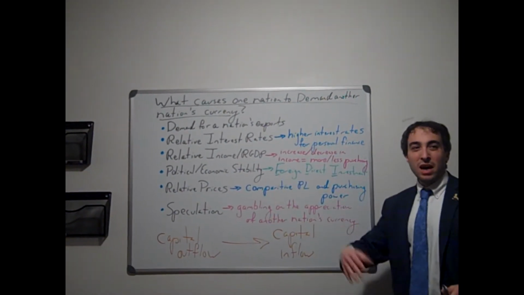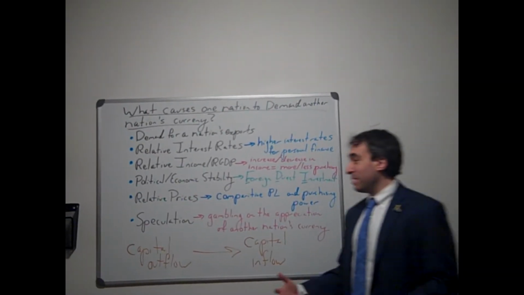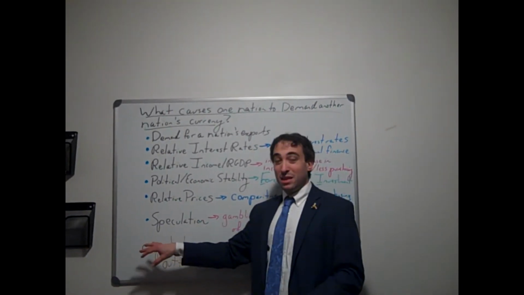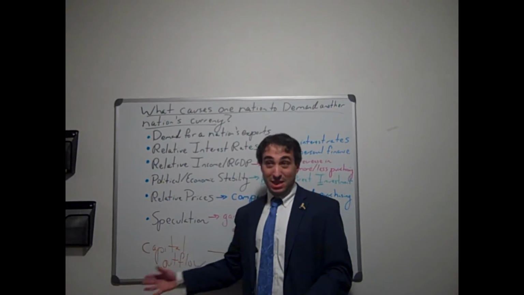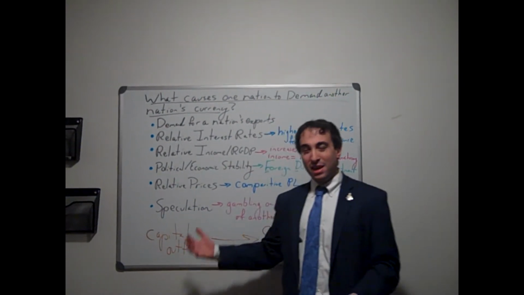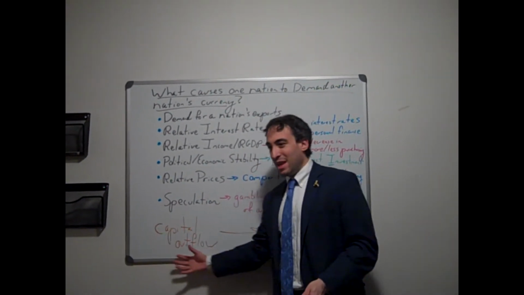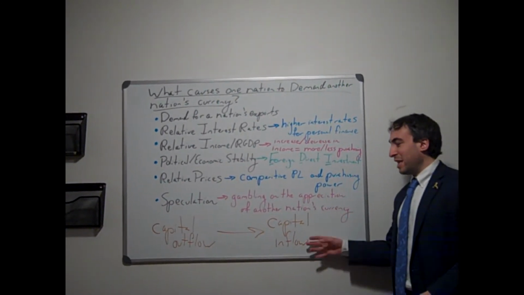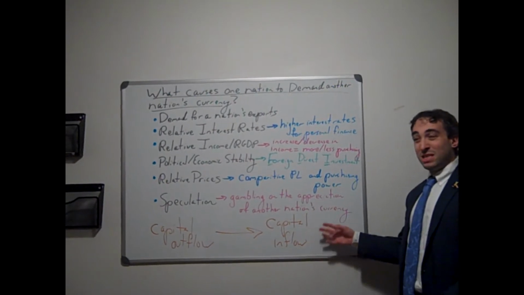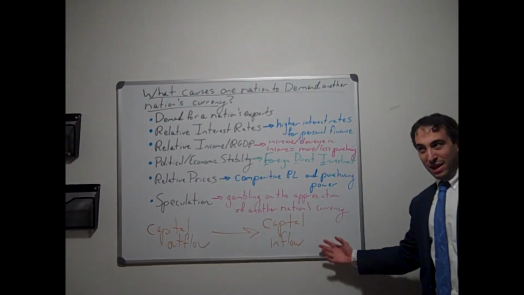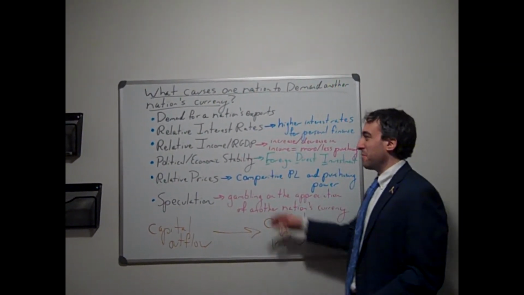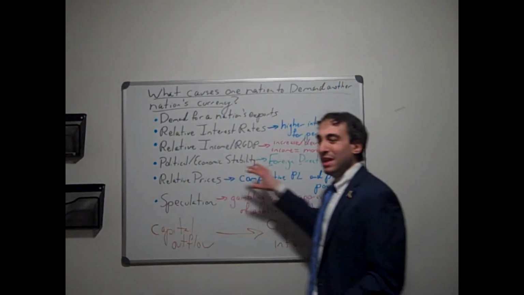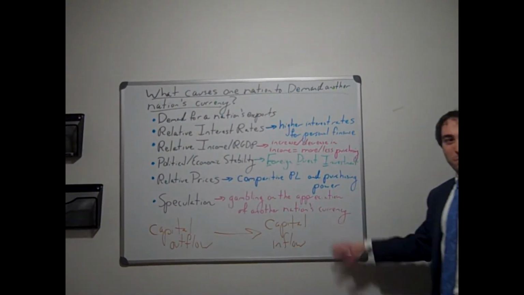So if nation B has higher relative interest rates, people of nation A would take the money out of their banks, and you'd see a decrease in the supply of their loanable funds, and an increase in the supply in nation B's banking system and their loanable funds, as people from nation A put their money in nation B's banks.